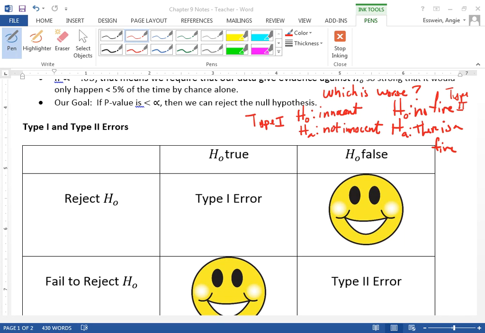Type 1 is we reject H naught. If we reject H naught, we think the proportion of customers waiting has been reduced when it really has not.